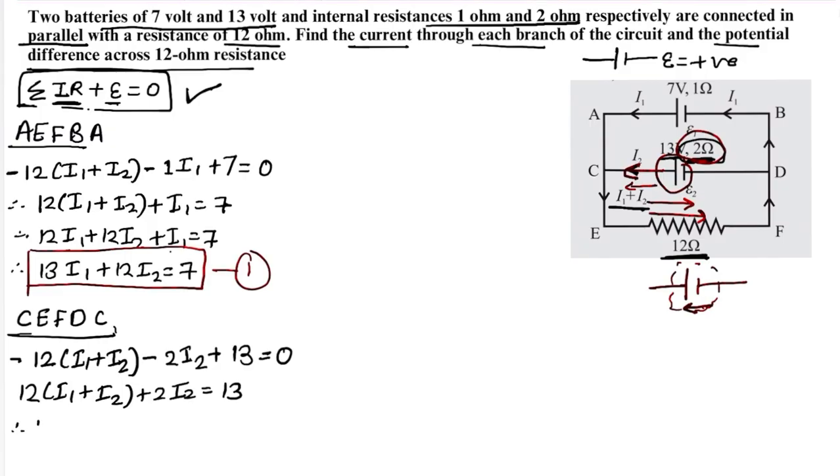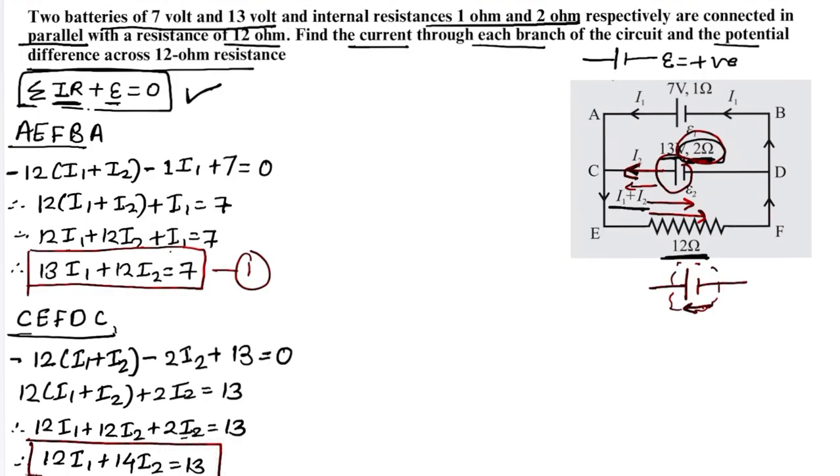If we open this bracket, it will be 12 I1 plus 12 I2 plus 2 I2 is equals to 13. There are two terms of I2, hence this equation will be 12 I1 plus 14 I2 is equals to 13. We will give this equation as equation number 2.